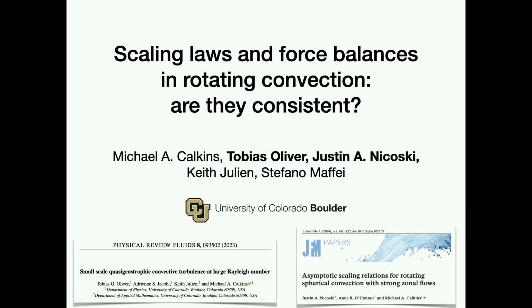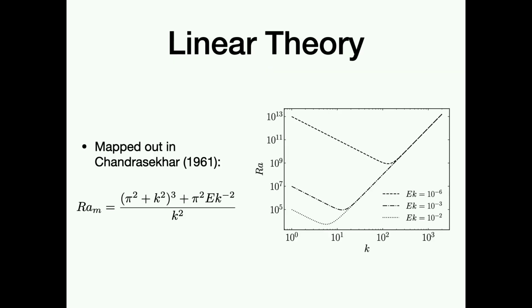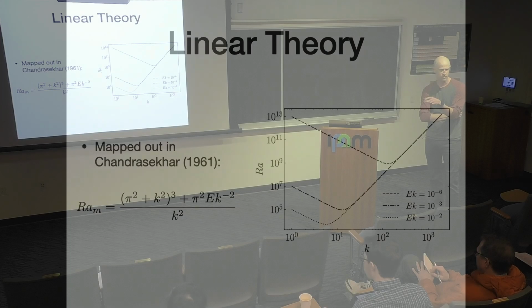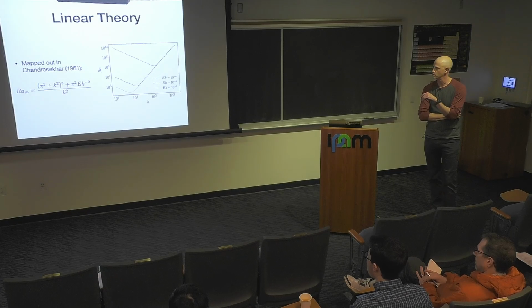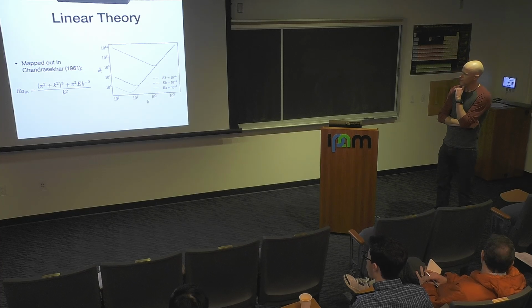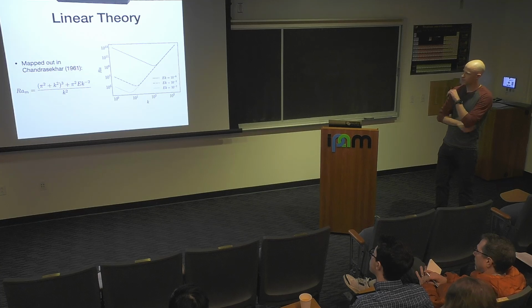So with that, back to the familiar, simple world of linear theory, which many people have talked about. But I want to talk about a few specific things that I think are helpful for framing the discussion. Most of us are familiar with the linear theory of rapidly rotating convection, detailed in Chandrasekhar's book.